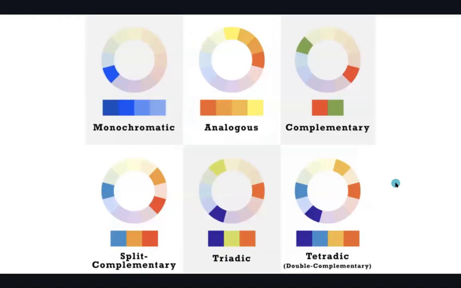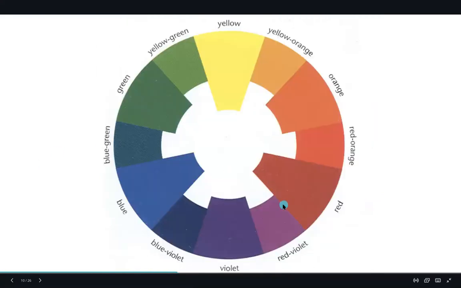Now, a tetradic. All right. So let me explain tetradic now. If I'm referencing red and orange, for example. Are you watching closely? Yes, I am. So I'm referencing red and orange. I'll pick the color opposite red, which is green.